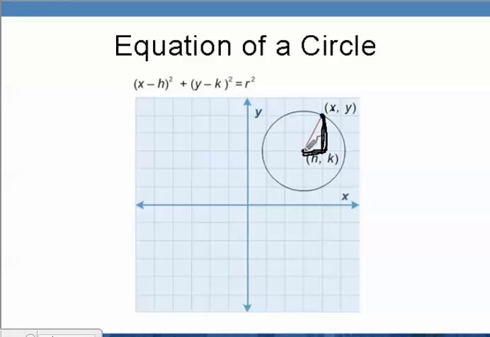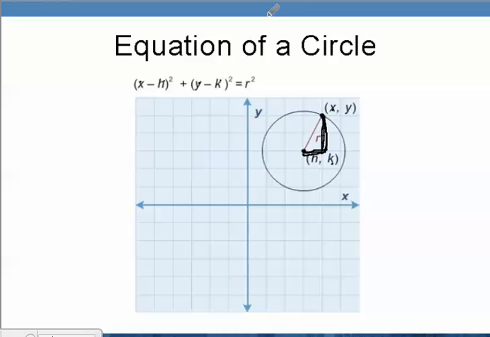And we know that this distance here is the radius of the circle. And so what we're saying is from the center, (h, k), we take any point: x minus h squared plus the y value, y minus k, where k is the y value for the center, squared, will be equal to the radius squared.